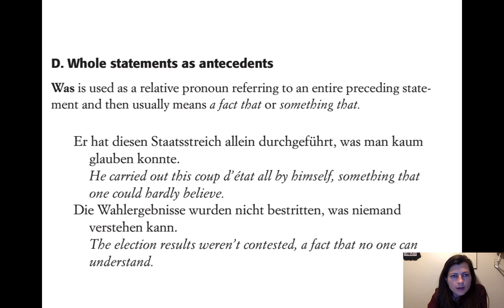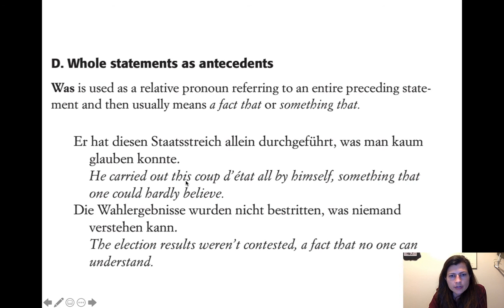Was is used as a relative pronoun referring to an entire preceding statement, and then usually means a fact that or something that. So these are slightly trickier. Hat diesen Staatsstreich allein durchgeführt, was man kaum glauben konnte. So was here is sort of referring to that whole statement.